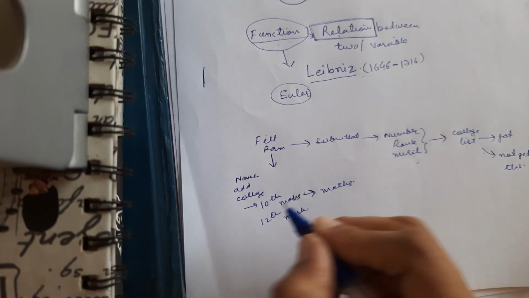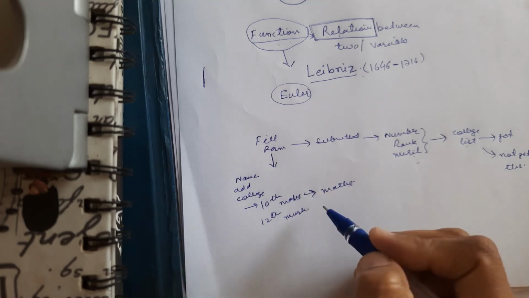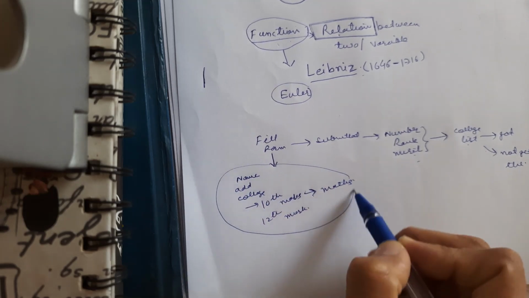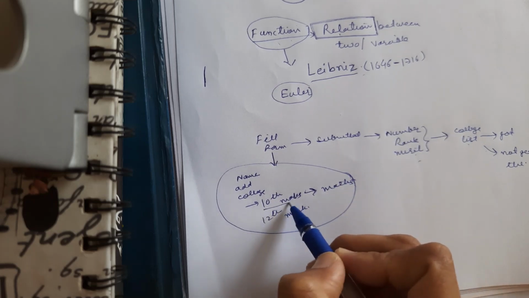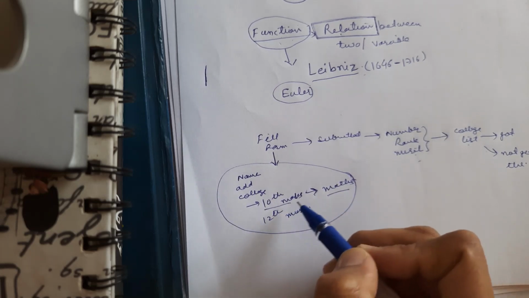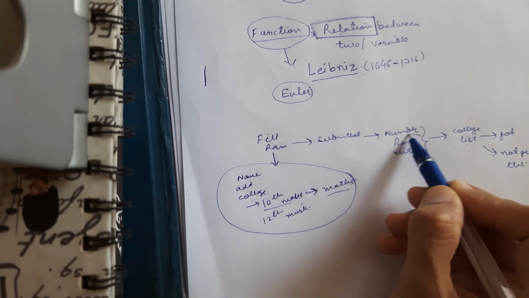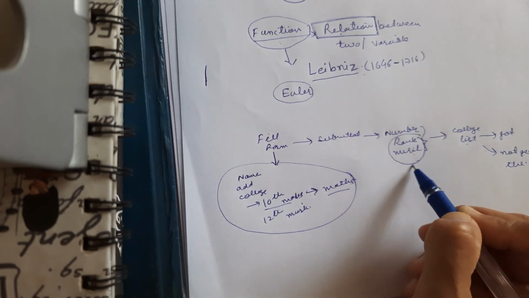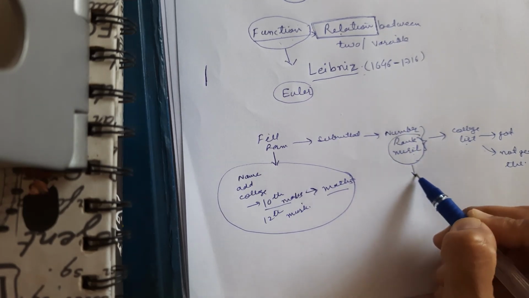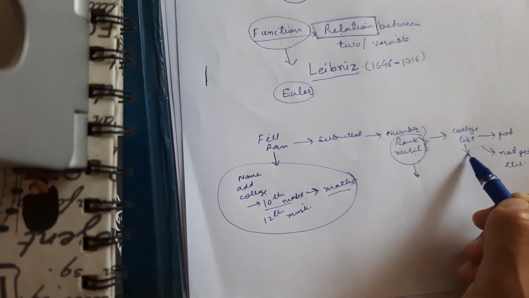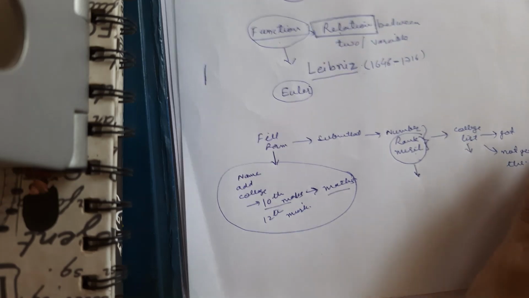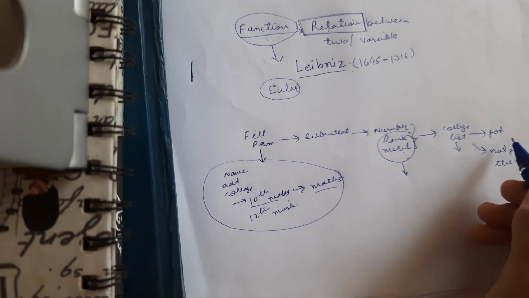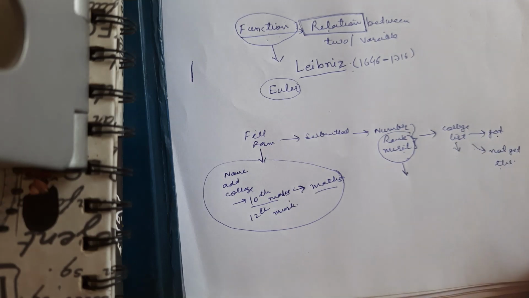Your caste, category, everything you fill in, and depending on this information, your 10th marks, your mathematics marks, your category, this merit number is generated. Based on this merit number and the college cut off list number, you are allotted the college or not allotted the college. Okay, that's how the admission procedure works.